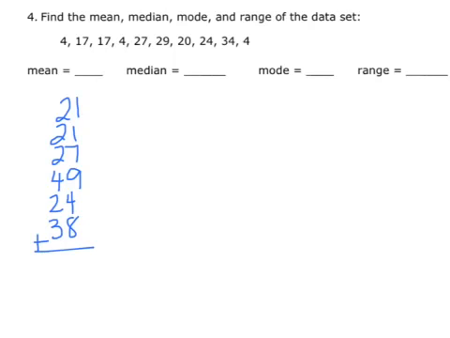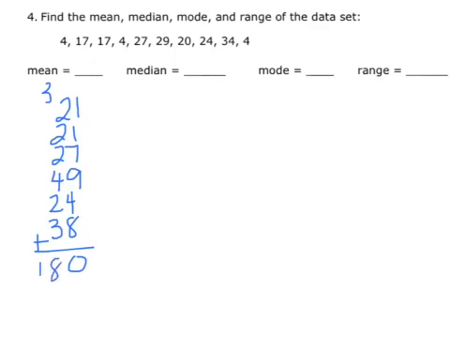All right, let's see here. So we've got 1 and 1 is 2, 2 and 7 is 9, 9 and 9 is 18, 18 and 4 is 22, and 22 and 8 would be 30. All right, and then we've got 3, 4, 5, 6, 7, 8, 9, 10, 11, 12, 13, 14, 15, 16, 17, 18.